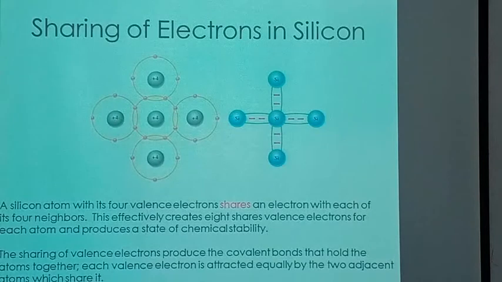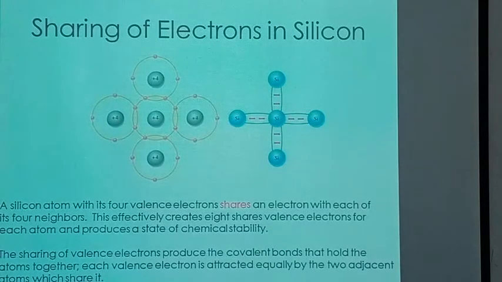A silicon atom with its four valence electrons shares an electron with each of its four neighbors. Here we have shown the electrons revolving around this atom. These four electrons, 1, 2, 3 and 4, are related to this atom, and these four electrons are related to this other atom.